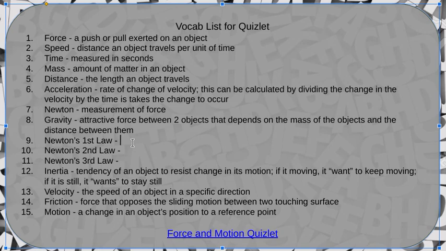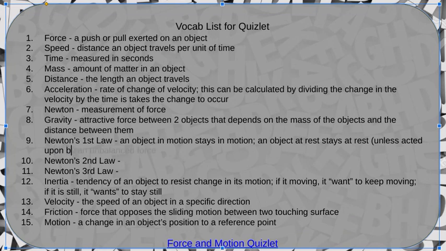The way I memorize this is an object in motion stays in motion, an object at rest stays at rest, unless acted upon by an outside force. So you roll a bowling ball, it will go completely around the world unless something stops it, which it will, but it will keep going unless something stops it.